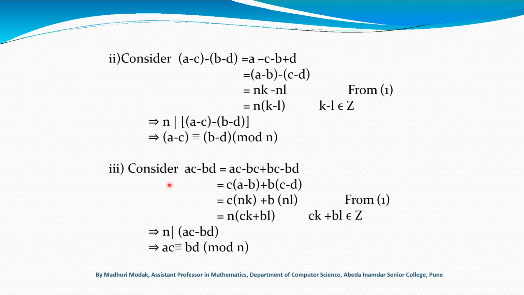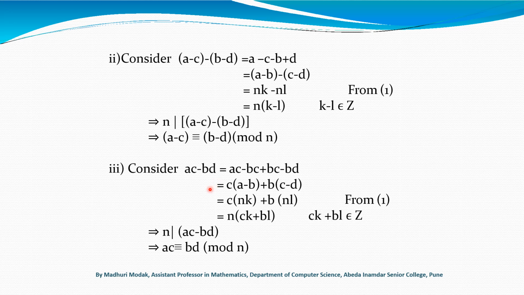You have to remember this step, otherwise we can't go further. So ac minus bd is equal to ac minus bc plus bc minus bd. Here we are doing one adjustment: we subtracted bc and added bc. From the first two terms we can take c common, and from the last two terms we can take b common.